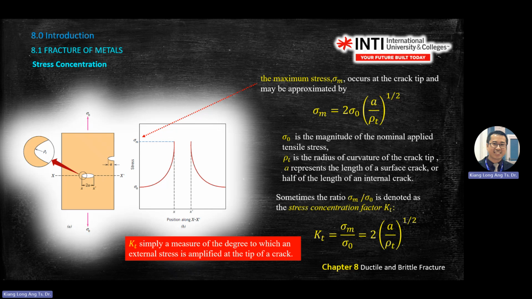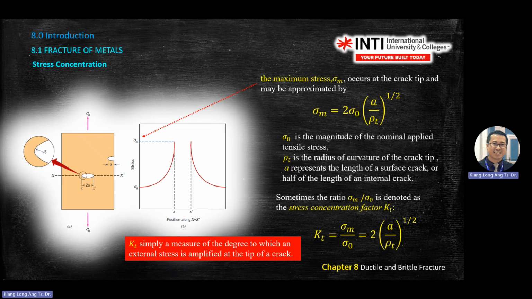So when you apply this equation, sigma m equals 2 sigma 0 times the square root of A divided by rho T. Remember the A here is 0.5 mm. When you calculate an internal crack, remember to divide by half when you use this equation, because the internal crack is 2A, but in your calculation you only use A.